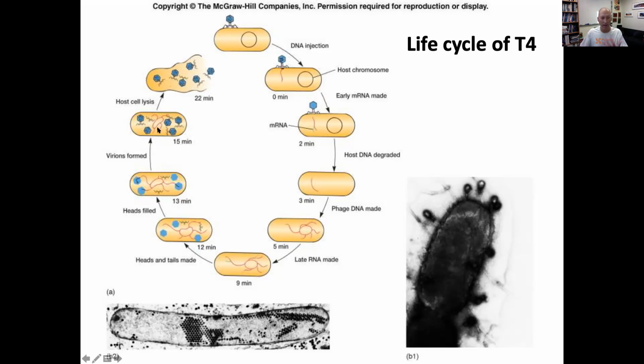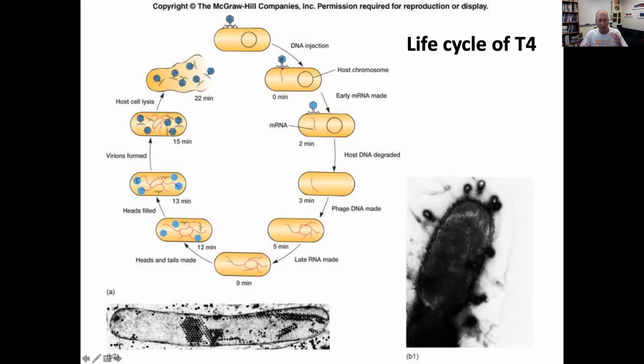Now, as you might imagine, lysis requires breaking the host peptidoglycan. So one of the products of the viral genes is lysozyme, right? So phage lysozyme eats away at that bacterial cell wall so that it can be broken to release the new viral particles. You can see down here an electron micrograph, to scale, since this is actually a picture, showing the formation of new phage virions, the heads inside of the host cell.